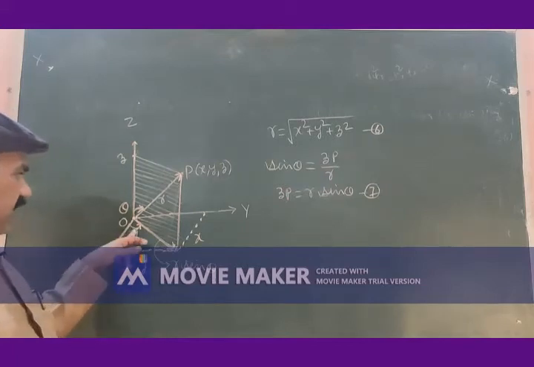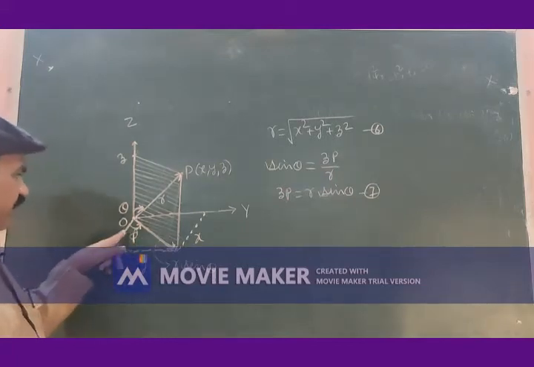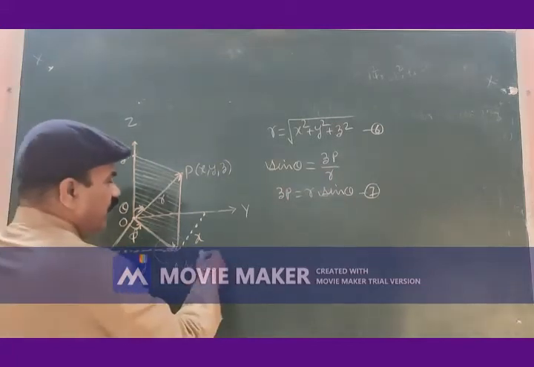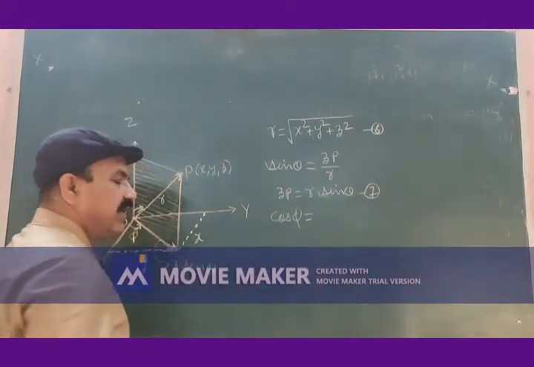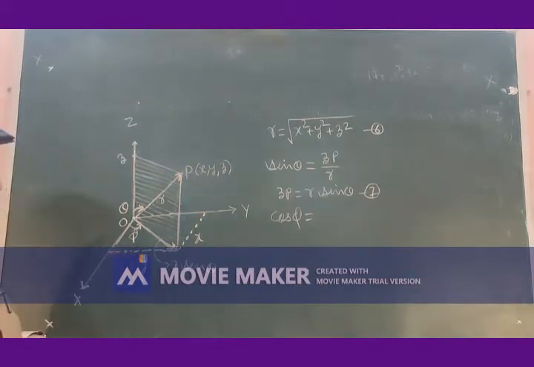Now, let us find cos phi from this triangle. What will be cos phi from this triangle? Cos phi from this triangle will be adjacent side divided by hypotenuse.